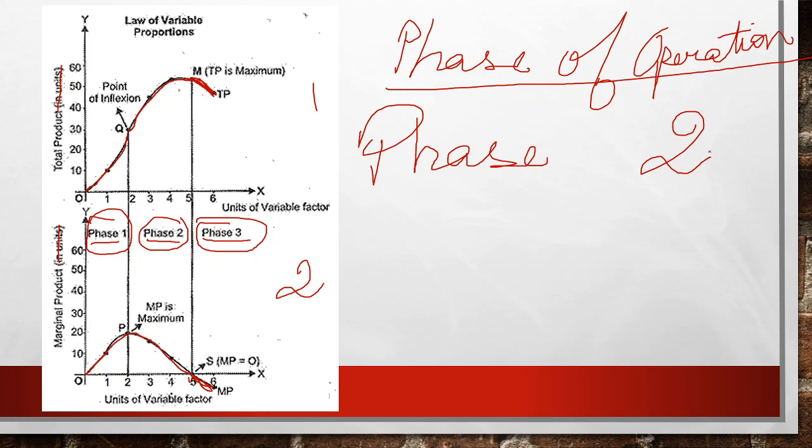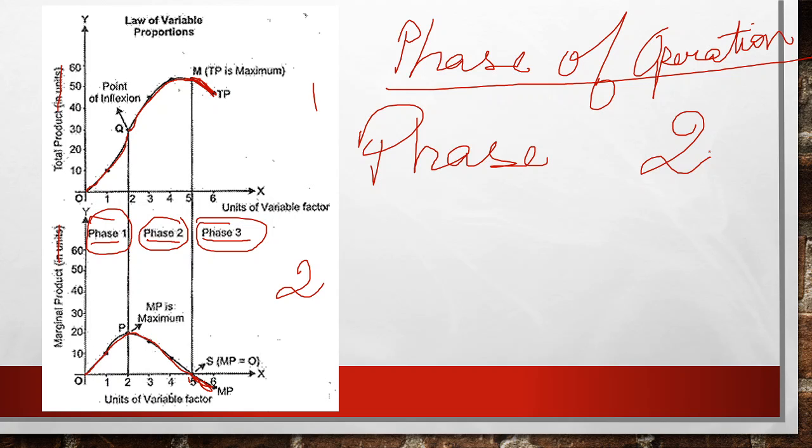Why? Because in phase 1, employment of every additional input of a variable factor gives you more and more output. That is, in the first phase, marginal product increases. So you will never stop your production at that stage. When your marginal product is increasing, and with one more variable factor you are getting more and more TP, TP increasing at an increasing rate, then why will you stop your production?